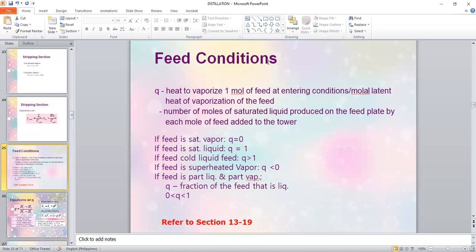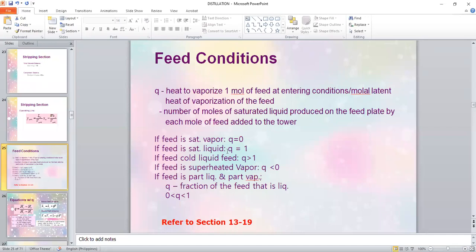This Q will not be difficult if your feed has particular defined states. What do I mean with defined states? If the problem tells you that the feed is saturated vapor, the value of the Q is automatically 0. So you need not worry which of these two definitions you will use, that way you'll come up with a very important Q value.